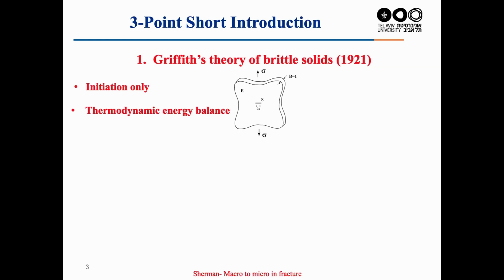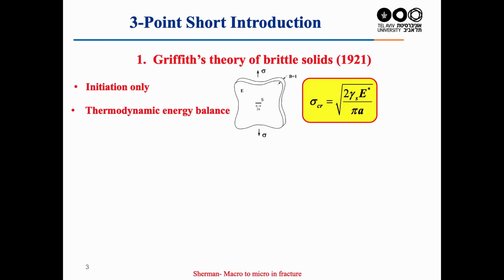This is the specimen under load control conditions, very important to notice, because here sigma is constant. And this is the equation. Griffith was the first to define the critical stress needed to initiate the crack.